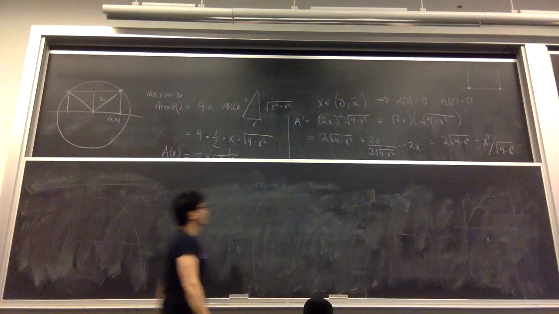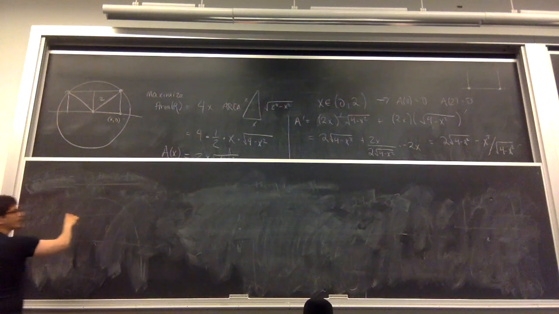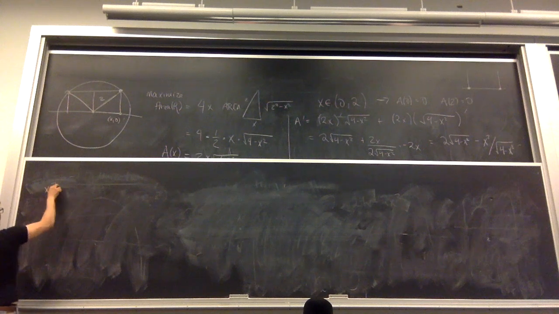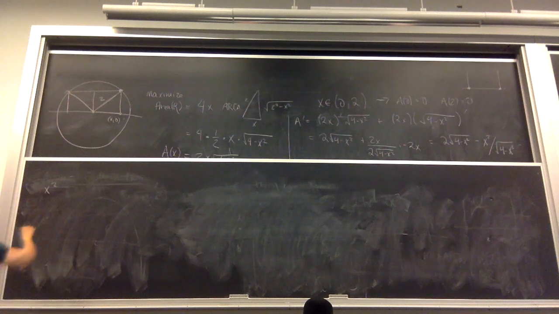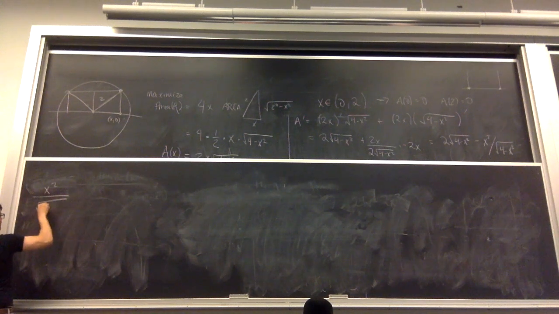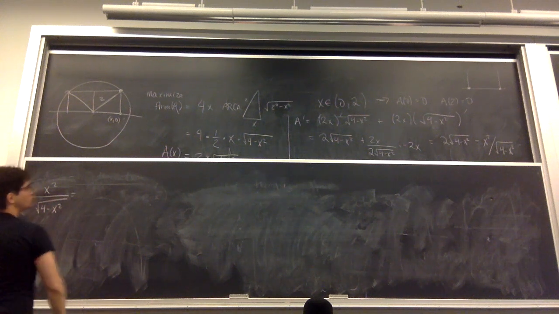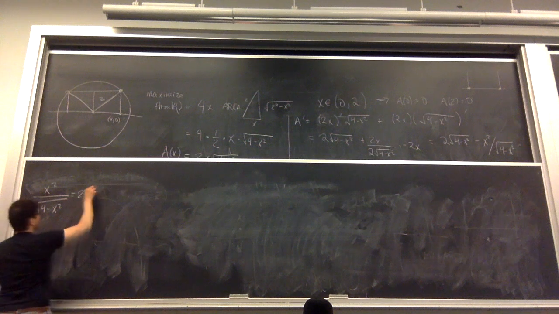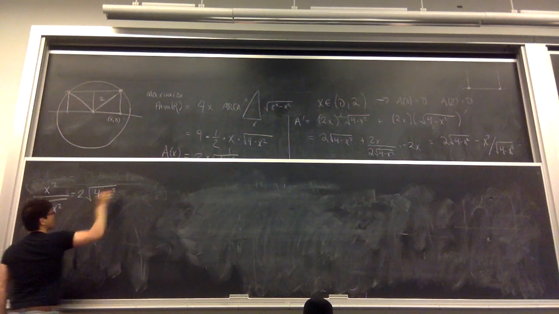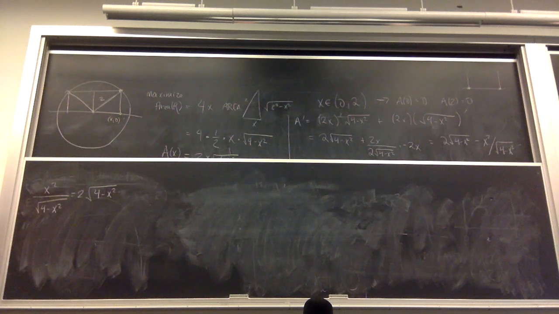So let's keep going. If I continue from there, I get x squared over the square root of 4 minus x squared is equal to 2 times the square root of 4 minus x squared. Everyone agree? I just moved one of the terms to the other side.